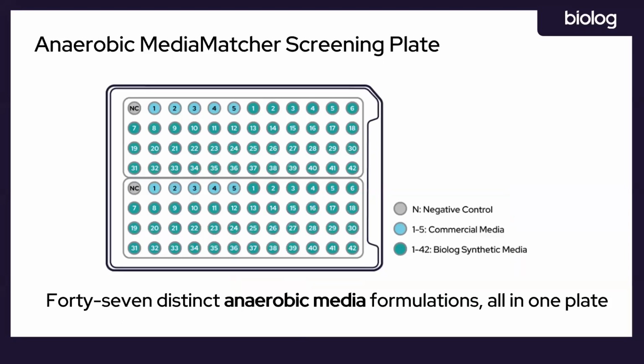The anaerobic MediaMatcher microplate streamlines this process by offering 42 preloaded Biolog synthetic media formulations and 5 widely used commercially available options, enabling efficient testing and identification of optimal growth conditions. The plate is divided into top and bottom sections, each with 2 equal halves, allowing for various modes of operation and enhancing the efficiency of gut microbiome research.